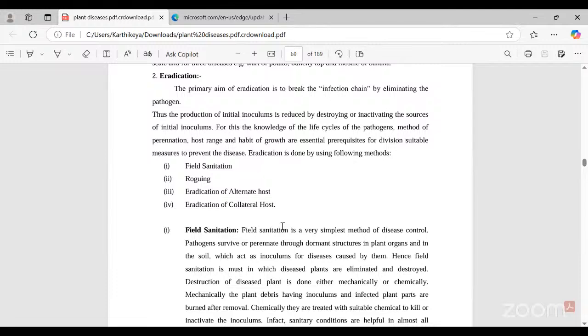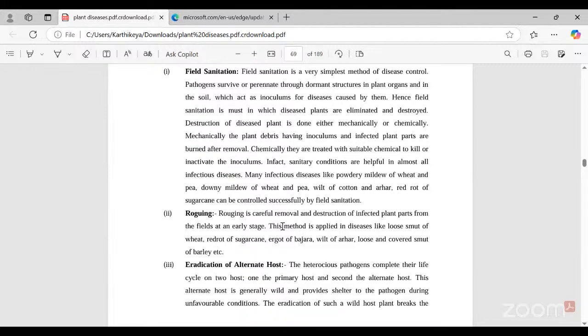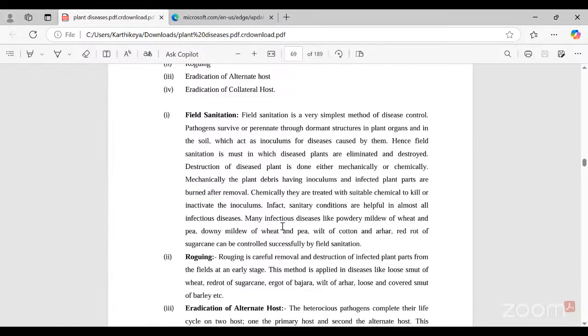For this, knowledge of the life cycle of the pathogen, method of penetration, perennation, host range, and habit of growth are essential prerequisites. Methods include field sanitization, roguing, eradication of alternate host, and eradication of collateral host.